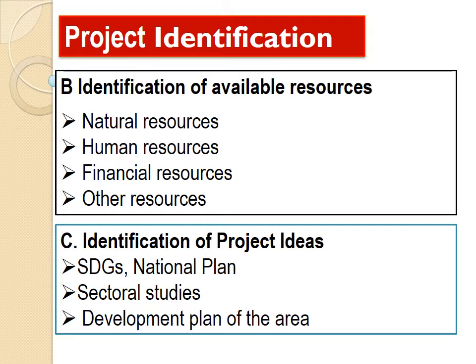These are the prime concern. Whenever you identify projects, you need to consult the SDGs, the national plan, and also the election manifesto of the running government, which in all cases is very similar to the priority areas of the SDGs and the national plan.